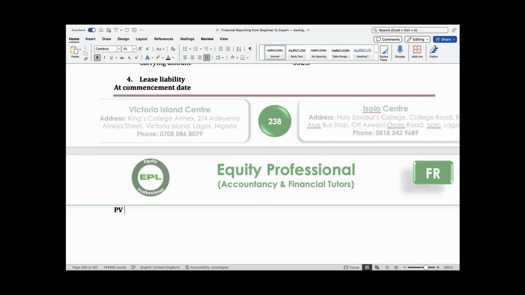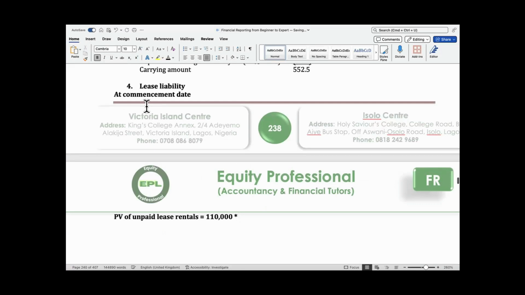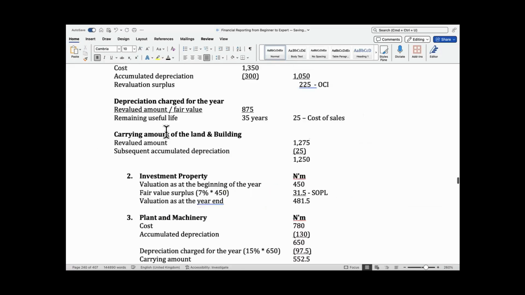I told you that in most cases, the examiner will give you the present value, but unfortunately, in this case, they didn't. So it will be the annual rent of 110,000 multiplied by the annuity factor at 10%, because they gave us the interest rate implicit in the lease as 10%.